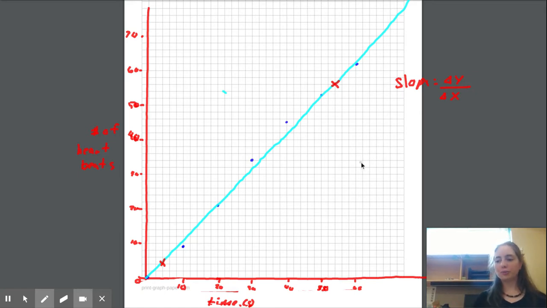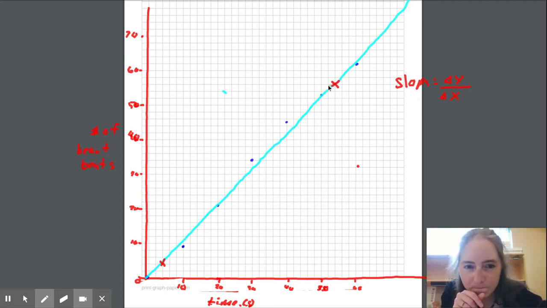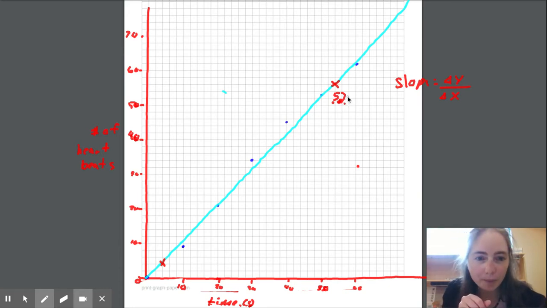That's question 2. So I have picked the point, it is 52 and 54.